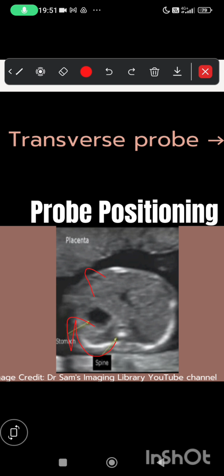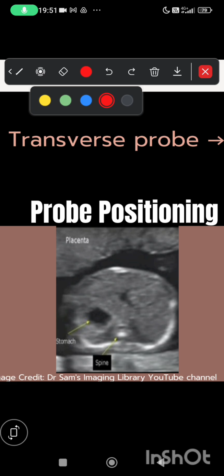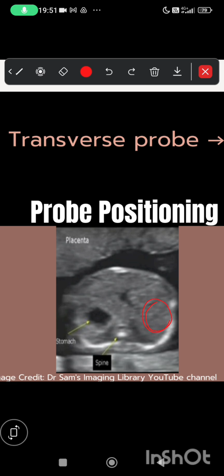It means it is situs inversus. But if the stomach is here for the breech fetus, a normal relationship with the spine, and only the heart is toward the opposite side, it means it is a case of dextrocardia.